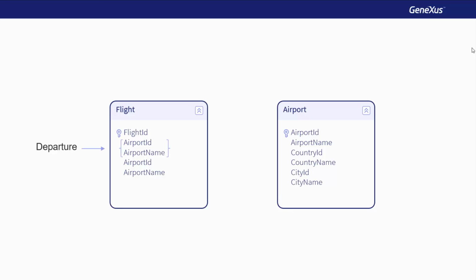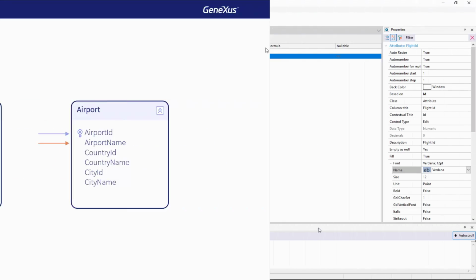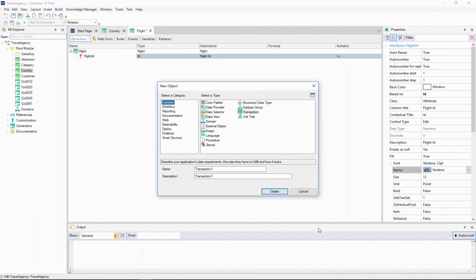As we said, each flight will have a departure airport and an arrival airport. But we will have to record each airport on its own in order to later reference them from the flights. So let's leave the flight transaction aside for a moment and create another transaction called airport.